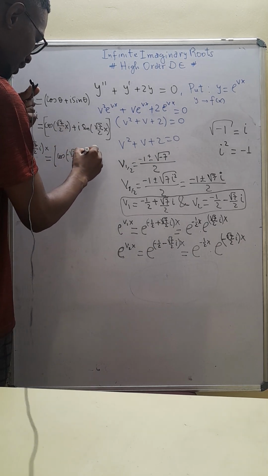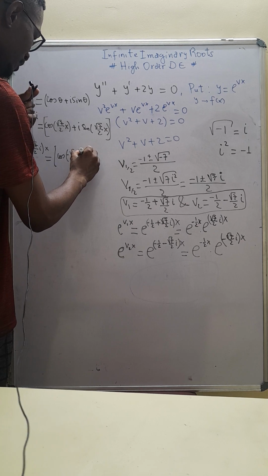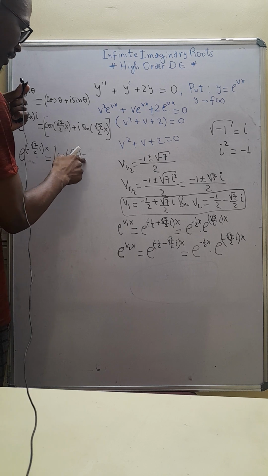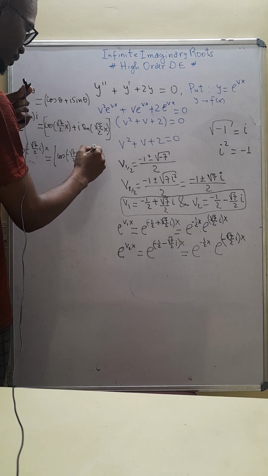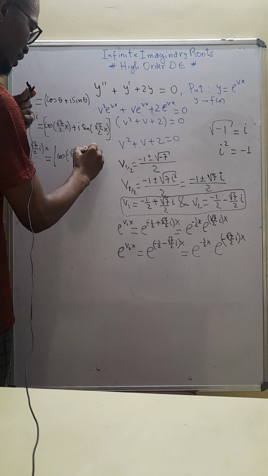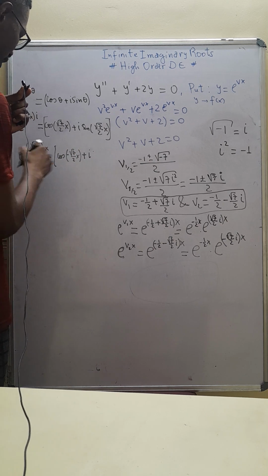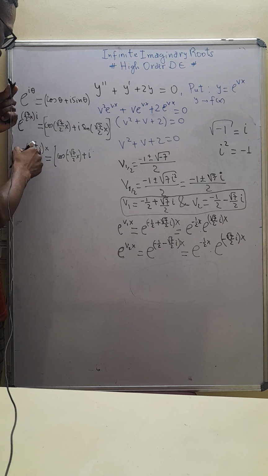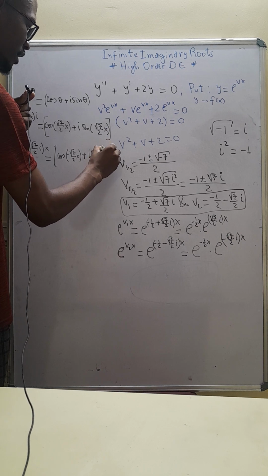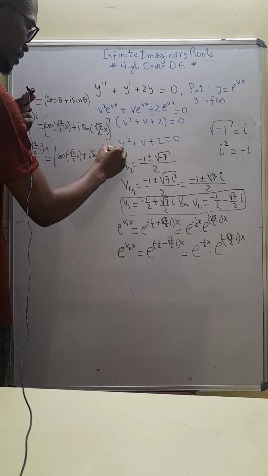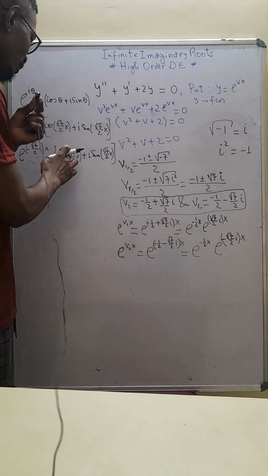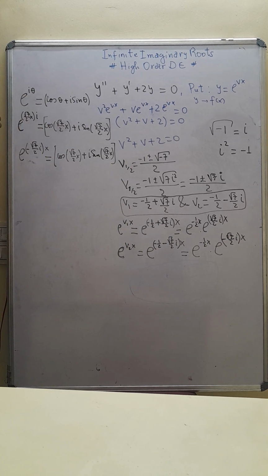Then what we are going to have is minus, and here we are going to see something like plus I, and again, as you can see here, sin of root 7 by 2x. So what we now end with, that's the point.